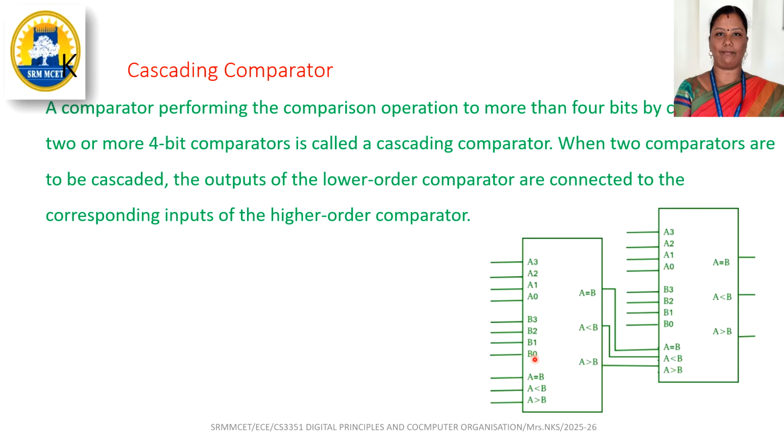Similarly, B0, B1, B2, B3, and this will be taken as B4, B5, B6, B7. So this is for the output of the 8-bit magnitude comparator. These two are the cascading inputs.